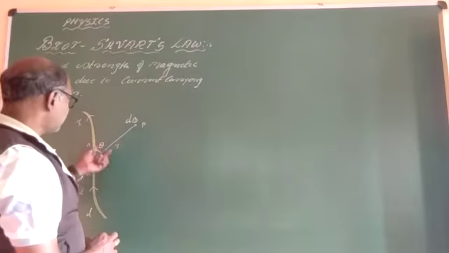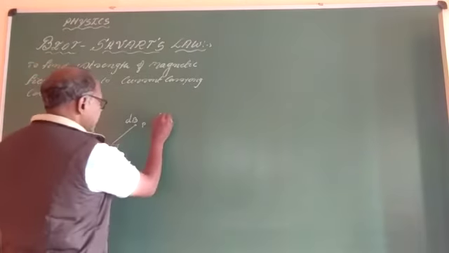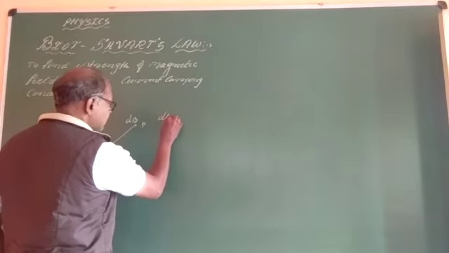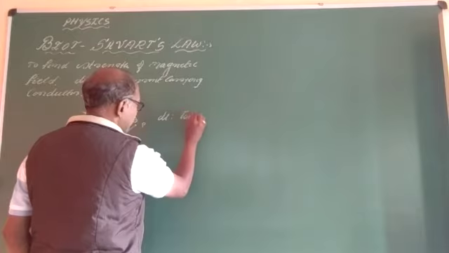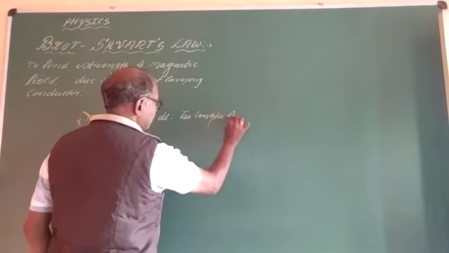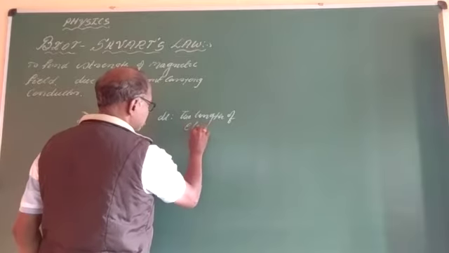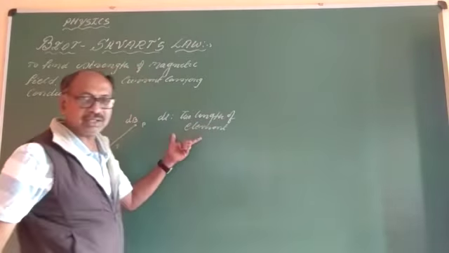Now let us write all these things. dl is the length of element of the conductor.